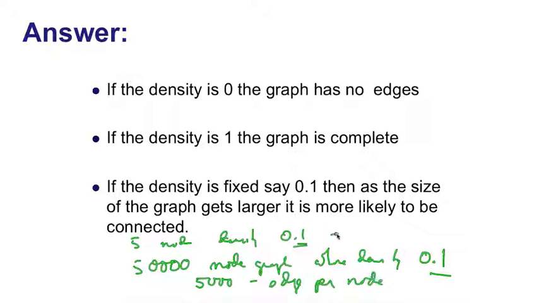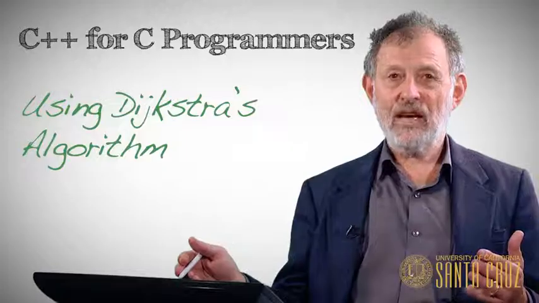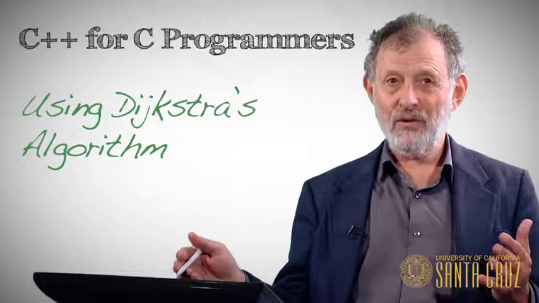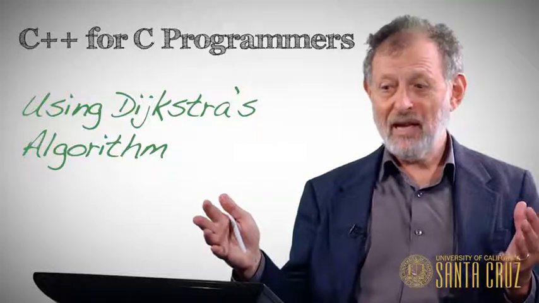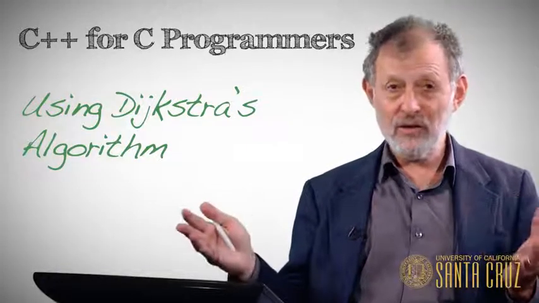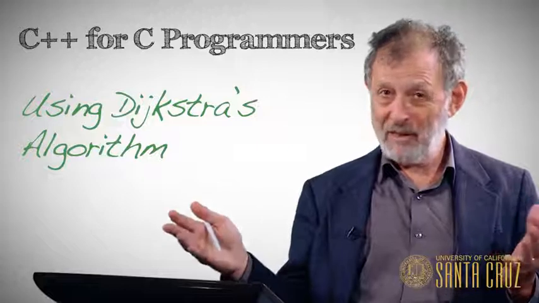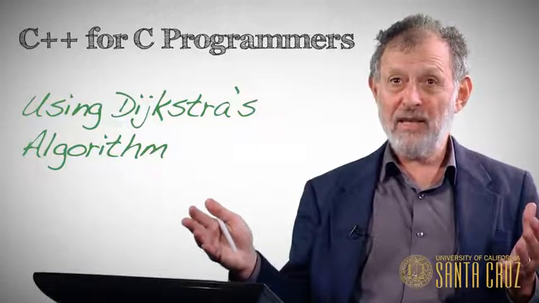Here it was, on average, 1/2 edge per node. 1/2 edge per node for a small graph is going to leave us unconnected. 5,000 edges out of a 50,000 node graph is going to leave us with a humongous number of paths in that graph, and it's very likely, almost certainly, with probability approaching 1, going to be connected.